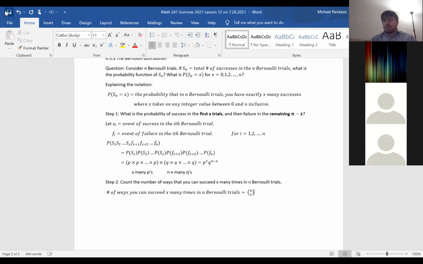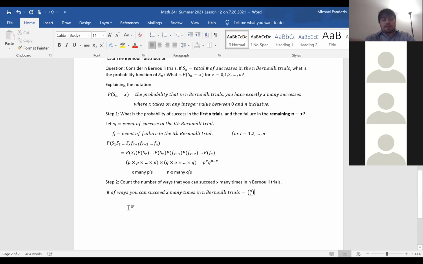You could do trial 3 first and then trial 1, or trial 1 then trial 3. They don't have to be done in a particular order. So the number of ways you can succeed x many times in n Bernoulli trials is n choose x.